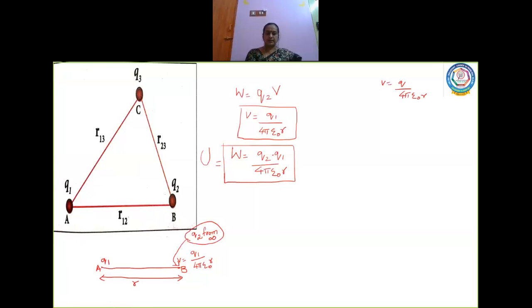Now I just compare this diagram. Here it is Q1, here it is Q2. I was just explaining this separately.